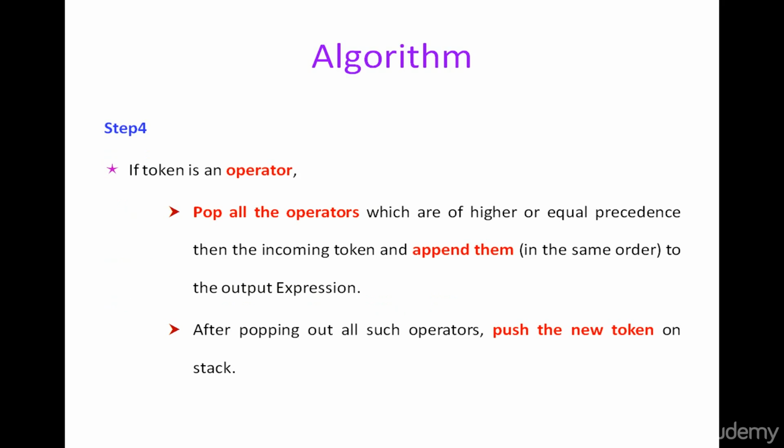Okay, so if the token is an operator, here by operator we mean a plus sign, a minus sign, a multiply or a divide, then pop all operators which are of higher or equal precedence than the incoming token and append them in the same order to the output expression.